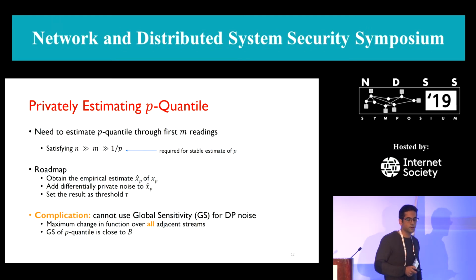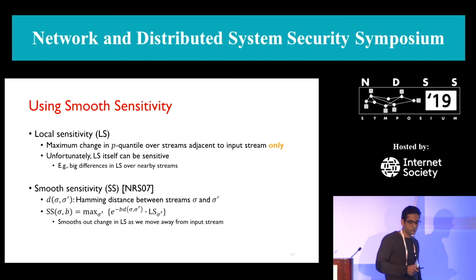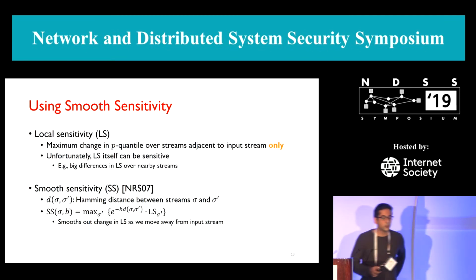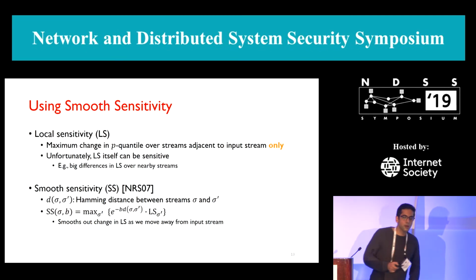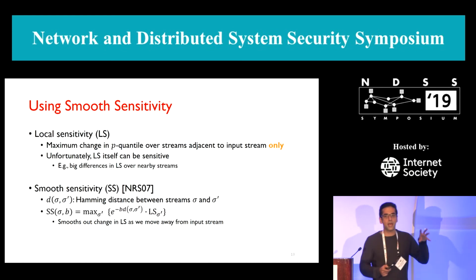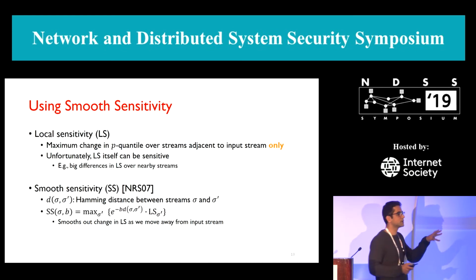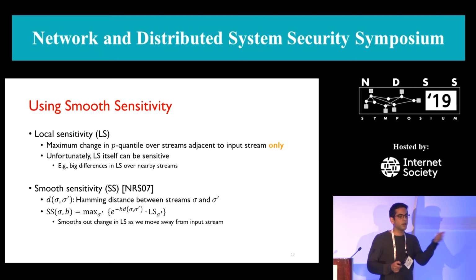That's because the p-Quantile itself has high global sensitivity. So instead of that, we could use local sensitivity, which basically only looks at how the function value changes around the adjacent streams of the input stream only, instead of looking at all possible pairs of streams.